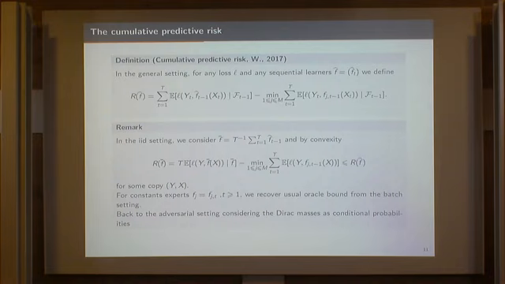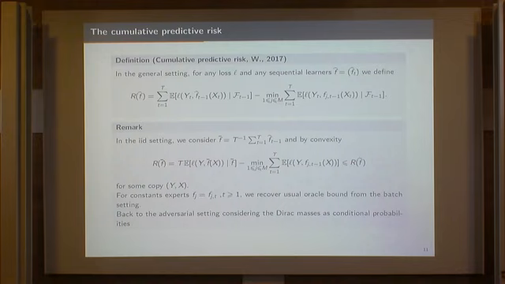But we can also try to be a bit optimistic, and maybe we are in the IID setting. In the IID setting, what you can do is average, because this predictive risk becomes actually the usual risk, which is fixed.